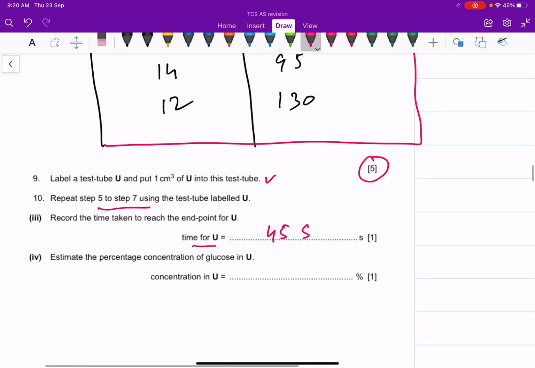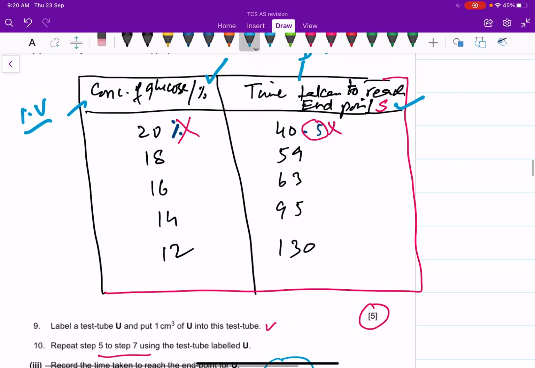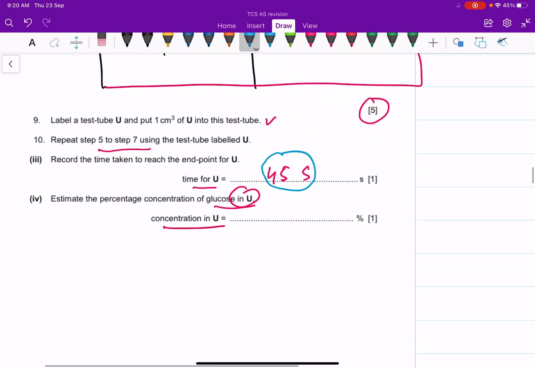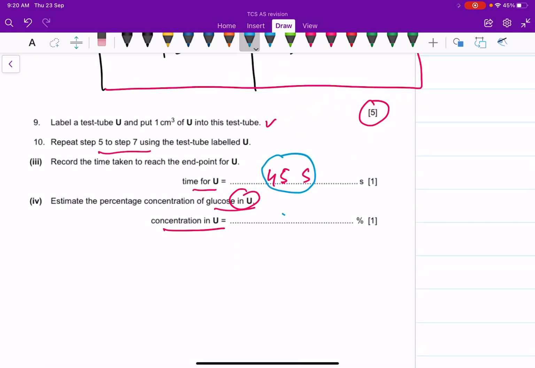And estimate the concentration of glucose in U. What you have to do is compare this time taken, 45 seconds, with the time taken in this column. It is closer to this 40. So what we will estimate is that the concentration is closer to 20%.